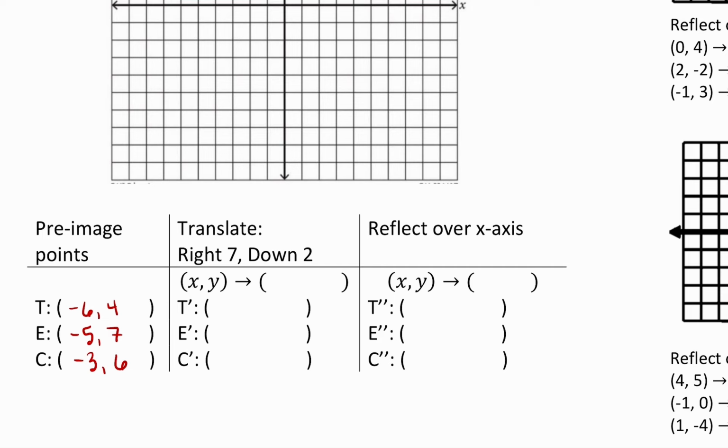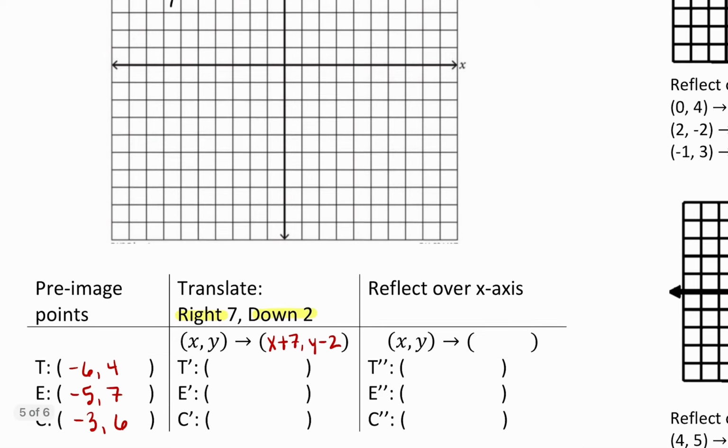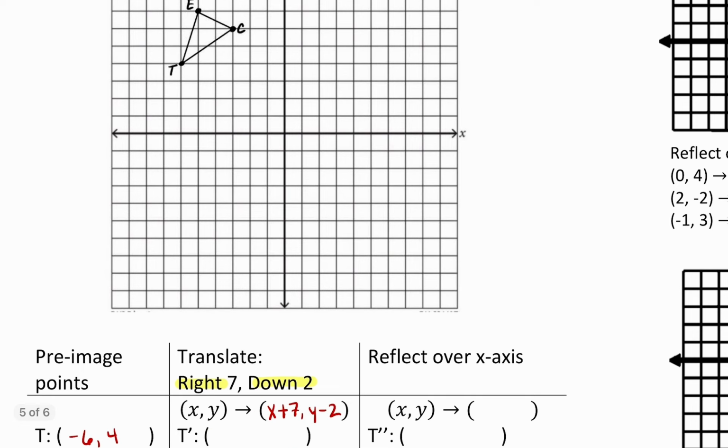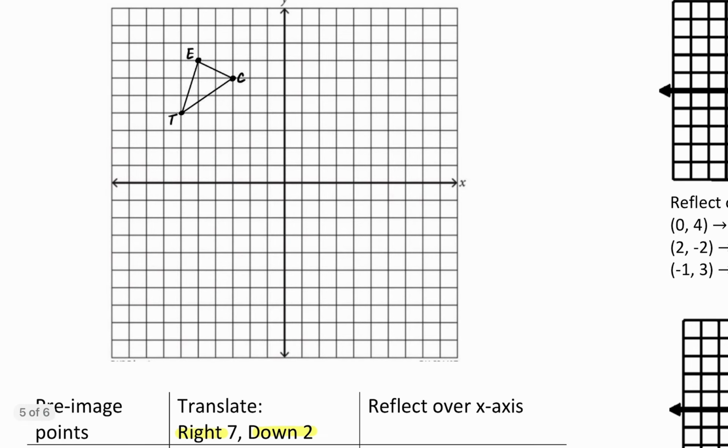We're going to take that and translate it 7 right, 2 down. So our rule would be x plus 7, y minus 2. So 7 right, 2 down.